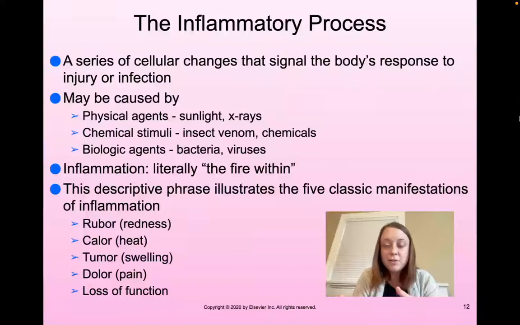We've all experienced maybe a bee sting or a fall where we scraped our knee and experienced these things. The area turns red, it feels kind of hot, it swells up a little bit, it hurts, and we might not want to move that arm or that leg for a while because it doesn't feel good.